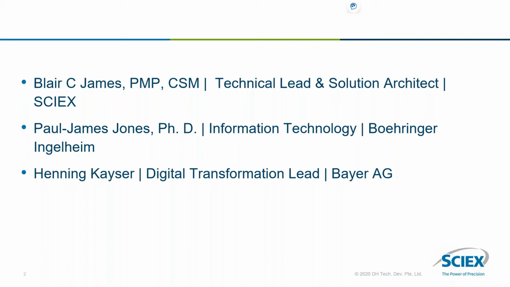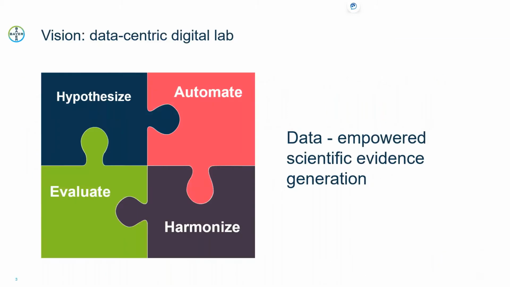I'd like to give you the broader perspective and share the vision we have behind this endeavor. Bayer's vision was, and still is, to work on a data-centric digital lab, and this is a four-step cycle that we envision.